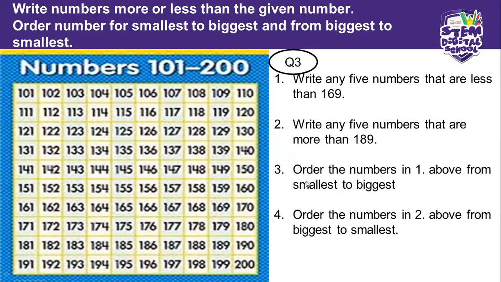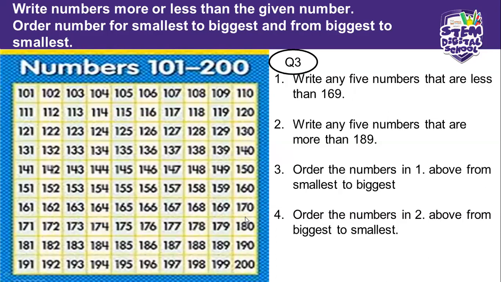So you do the second one. Do number 4, where you are ordering the numbers above from biggest to smallest. Thank you, Blessing. Okay. All right, Osinach, you say you are done. Just type it for me, Osinach, your number 4.